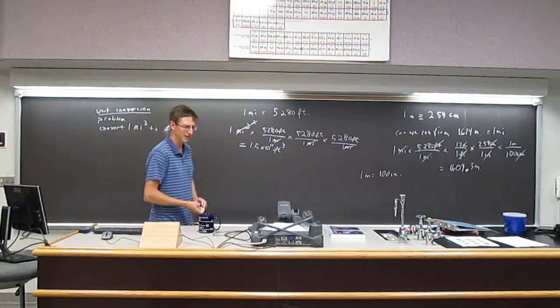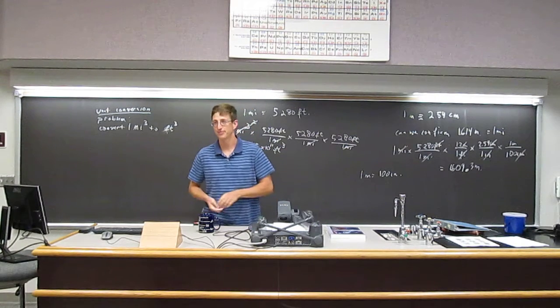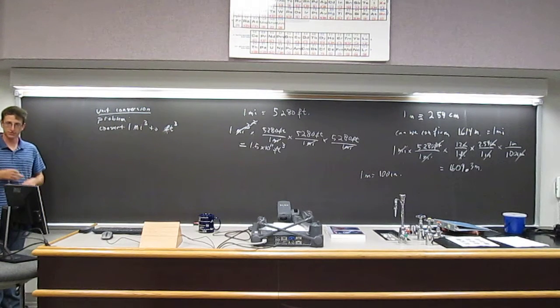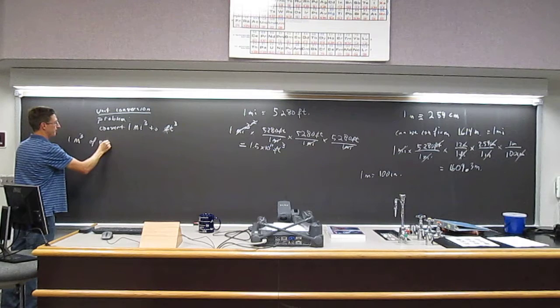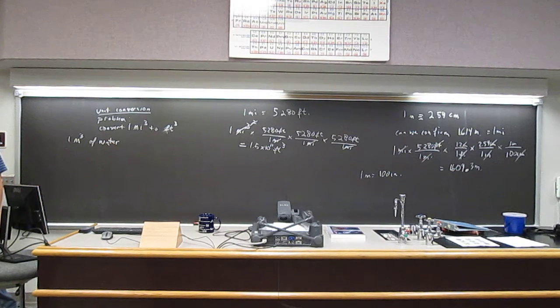Let's see if we can roughly figure out how many tons of water that is. You want to do that? All right. In case, just for your own edification, 1 cubic meter of water has a mass of 1,000 kilograms. I won't say weight, it has a mass of 1,000 kilograms.